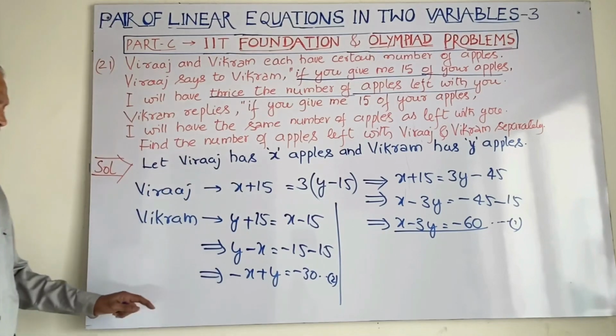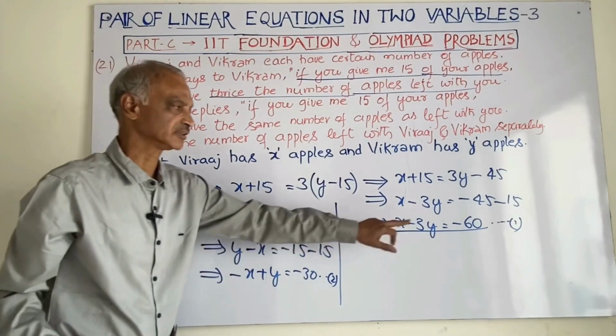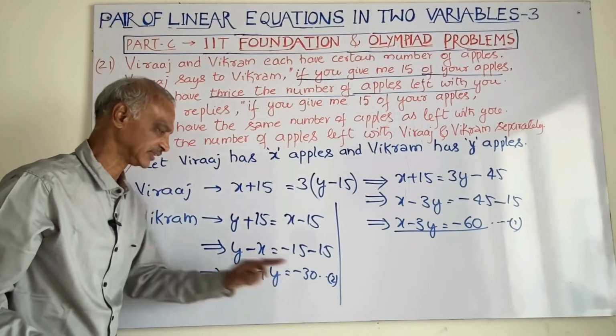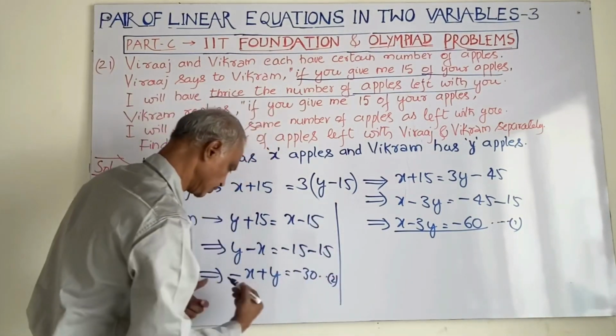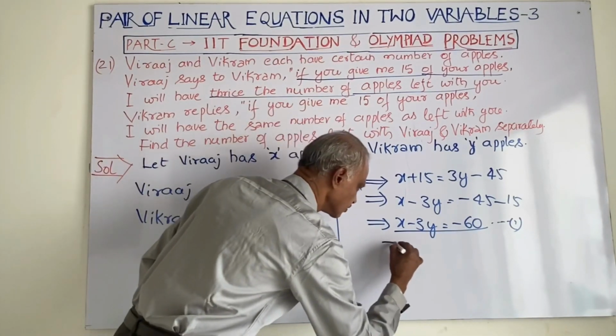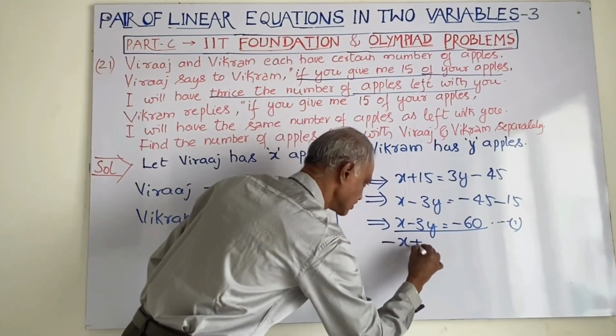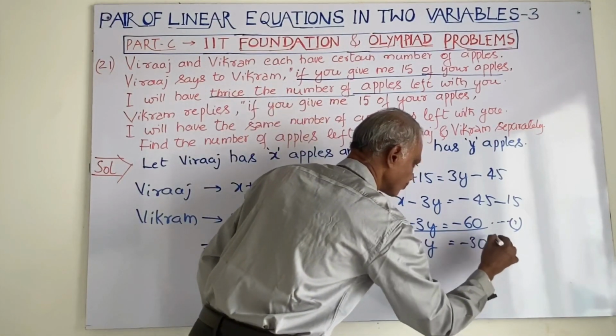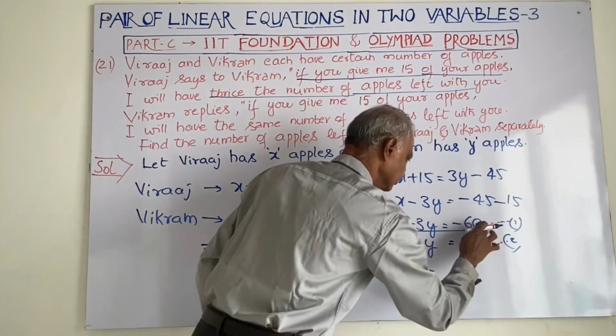We have two equations. X minus 3Y is equal to minus 60, and minus X plus Y is equal to minus 30. Equation 1 and equation 2.